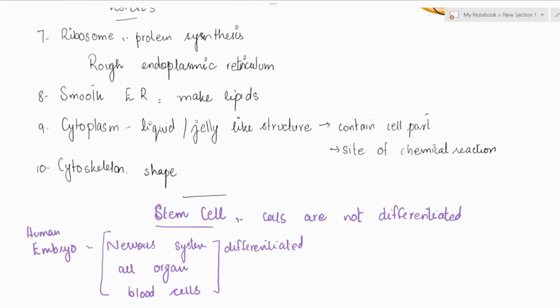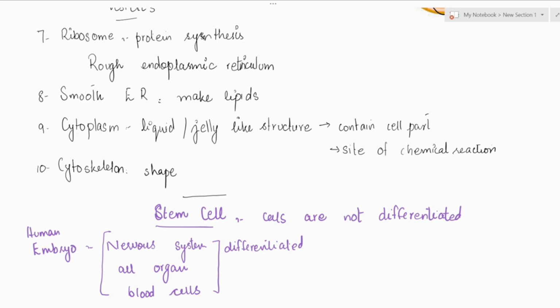Have you ever heard of the word potency or potent? Potential? So what is potential here? We are talking about the differentiation of cells. So potency is basically the ability of a stem cell to differentiate into some cell, whether the cell is potent or not potent.